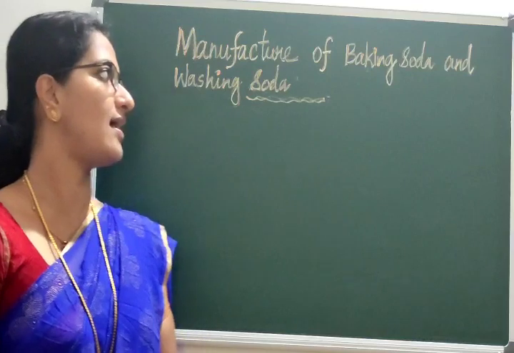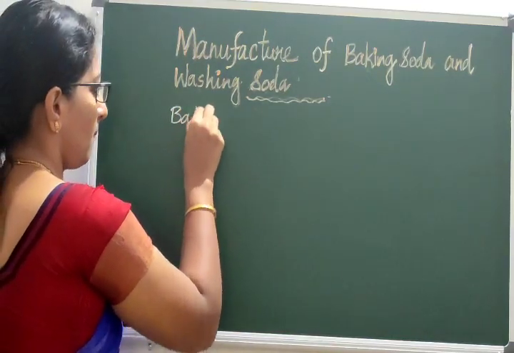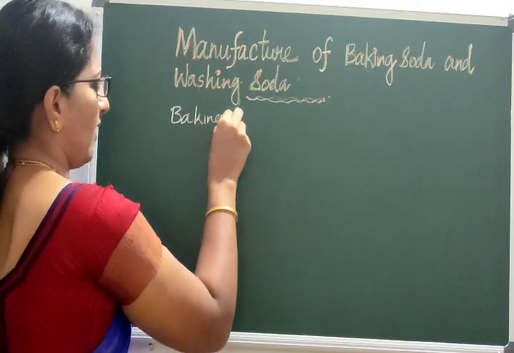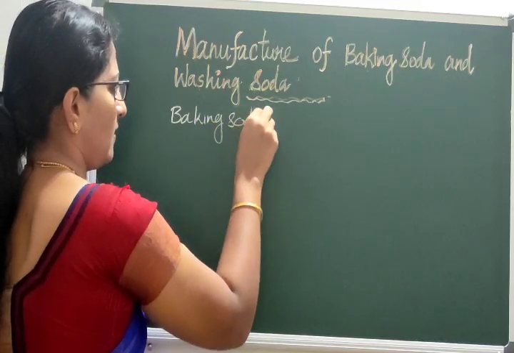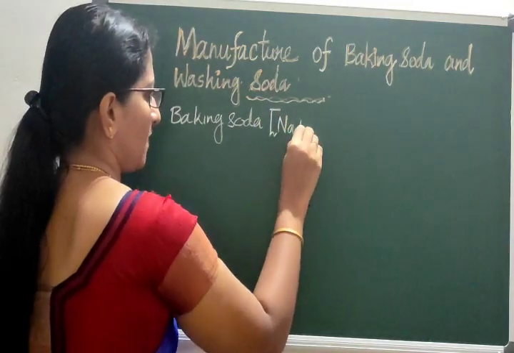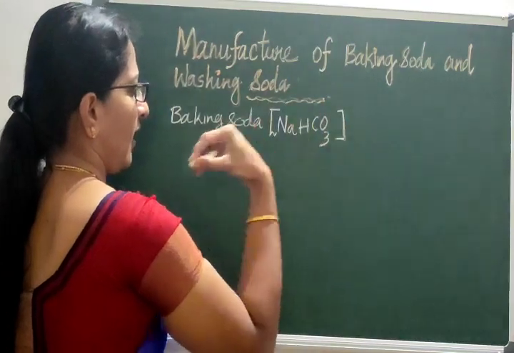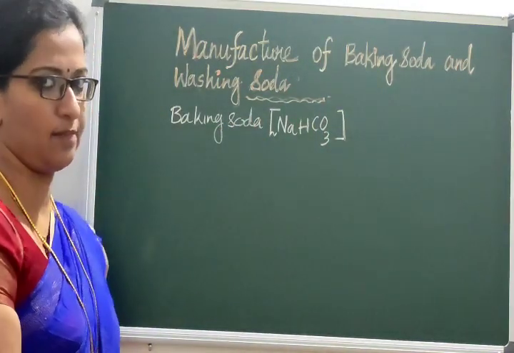First let's study the preparation of baking soda. Baking soda is nothing but sodium bicarbonate or sodium hydrogen carbonate. The chemical formula is NaHCO3.